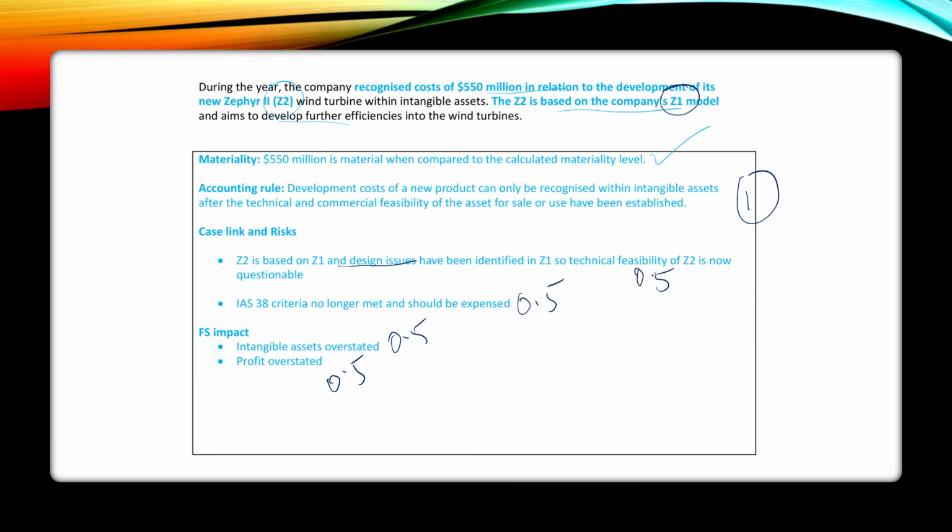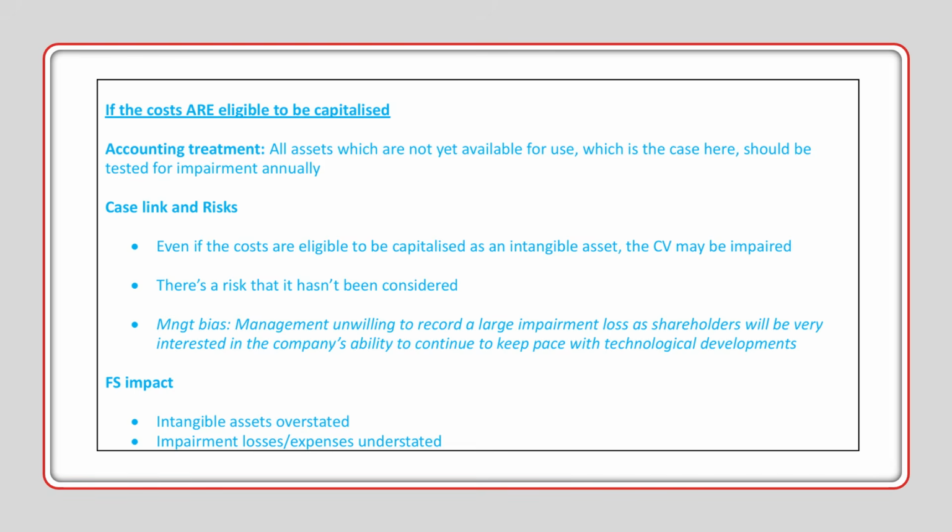So step number 1 is me saying, are you sure this is an intangible asset? That's my first question that I've put over here. My second question is, okay, if you are, because maybe you're going to give me valid reasons later on, I'm still at the planning stage. Then my next question is, what about testing this for impairment? Assets which are not yet available for use, which is the case here, should be tested for impairment annually.